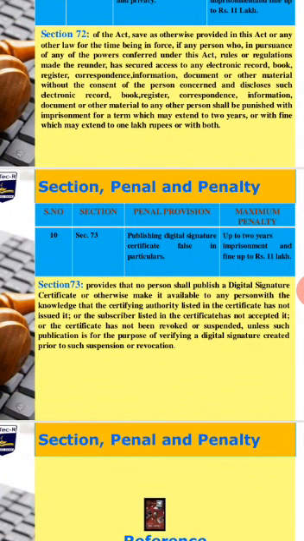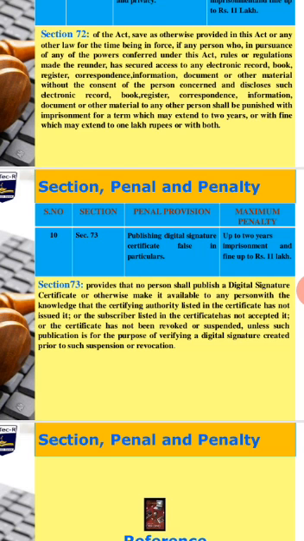This section says that no person shall publish a digital signature certificate or otherwise make it available to any person with the knowledge that the certifying authority listed in the certificate has not issued it, or the subscriber listed in the certificate has not accepted it, or the certificate has been revoked or suspended, unless such publication is for the purpose of verifying a digital signature created prior to such suspension or revocation.